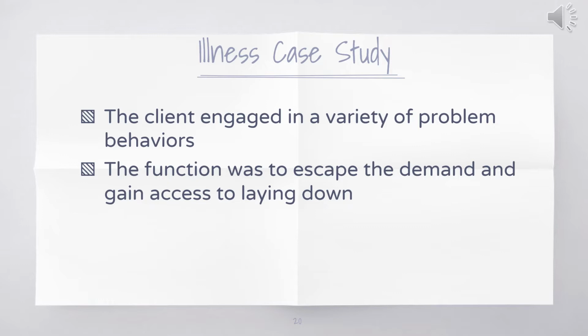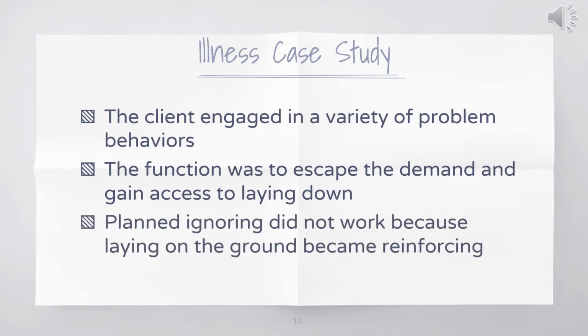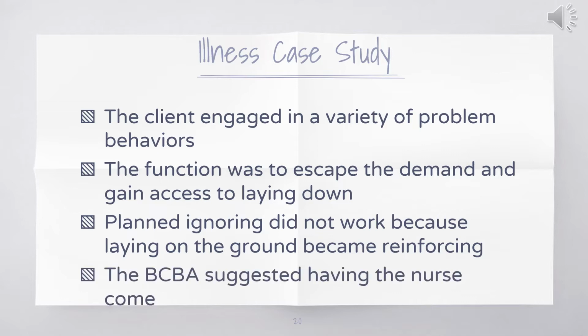The technician mentioned that usually with the client, planned ignoring is effective, and the client will usually pop right back up. However, this was not the case because laying on the ground became reinforcing to the client due to her illness. The BCBA realized that the client was exhibiting signs of an illness, which was also mentioned by a parent, and decided to have a nurse come over.